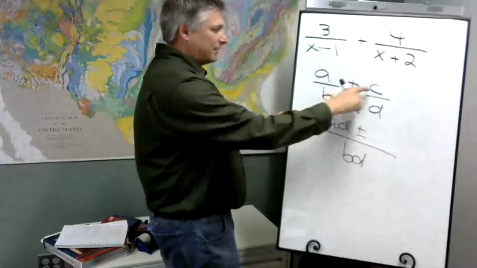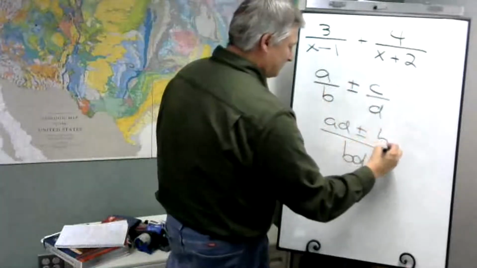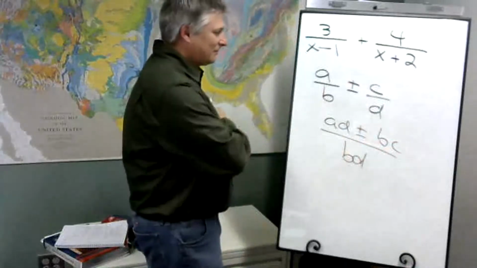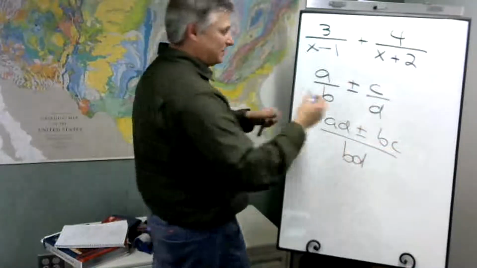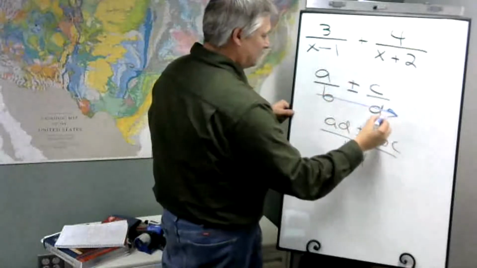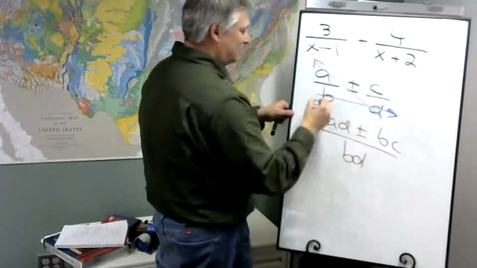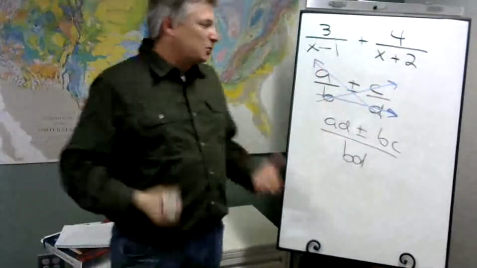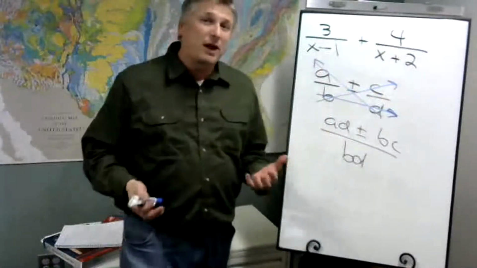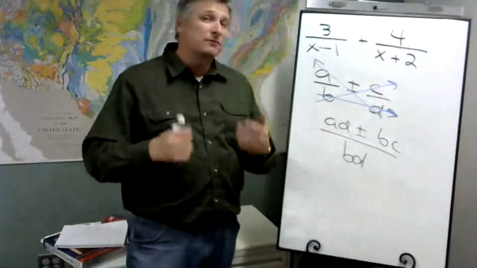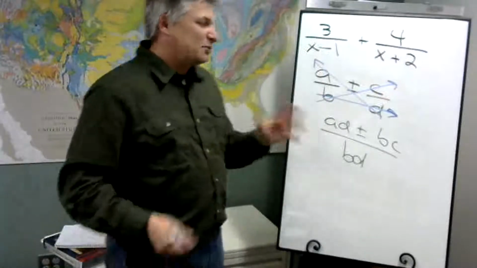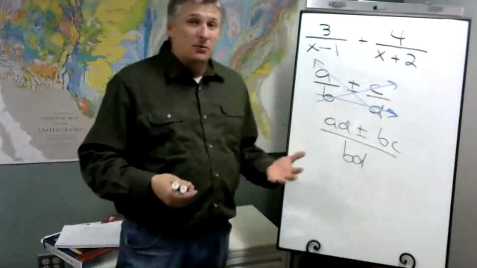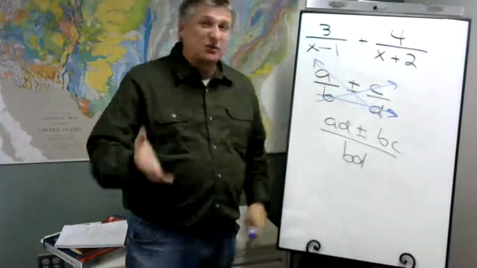Then we cross multiply again. So basically we do this, this, and that. It's just a shortcut for adding or subtracting rational functions or fractions. It'll work with fractions as well. You usually have to do some reducing at the end. So I'm going to use that just to save some time. And it's a neat trick to have too.